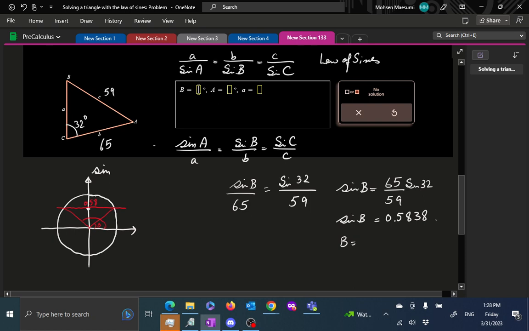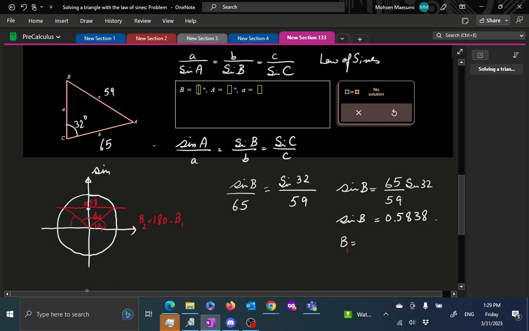So how do we find it? From the calculator, you find this one, the answer in the first quadrant. The first one, let's call this thing B1. The other one, B2. B2 is B1 short of 180. B2 is going to be 180 minus B1.